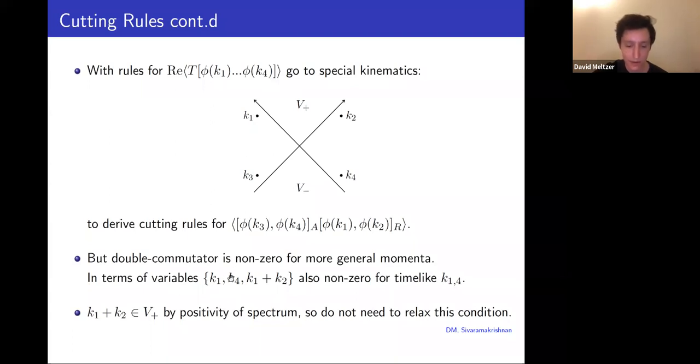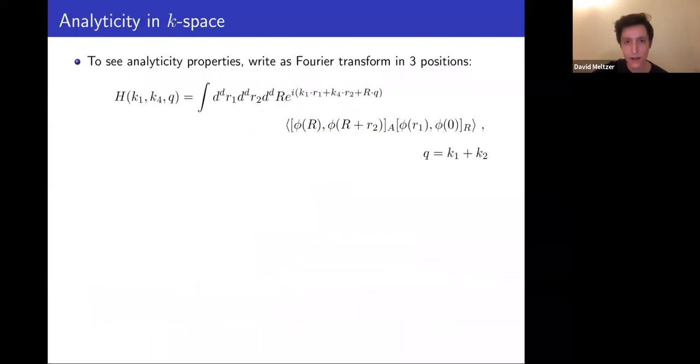And the reason we're doing this is because the CFT dispersion formula relies on the double commutator for generic momenta. So this argument about analytic continuation, I think is simplest if I write my double commutator, which I'll call a function h, as a Fourier transform in three positions.